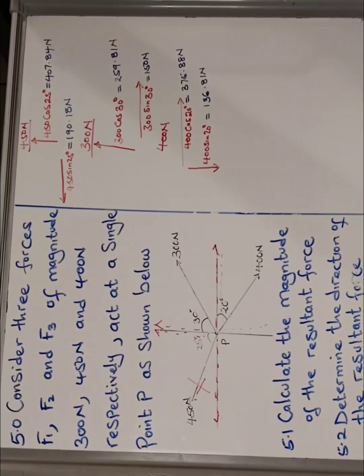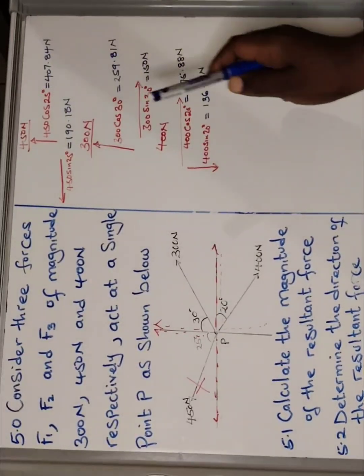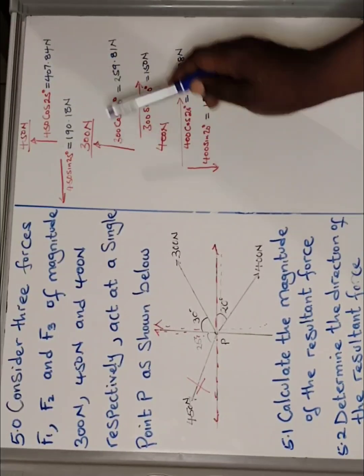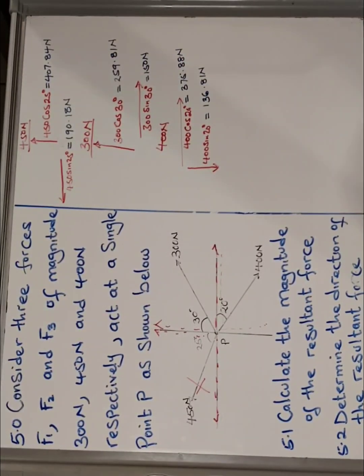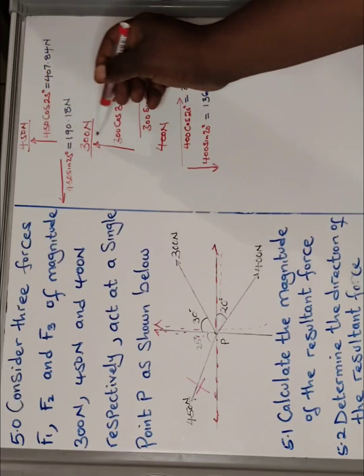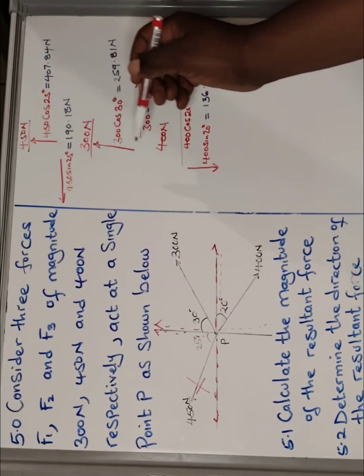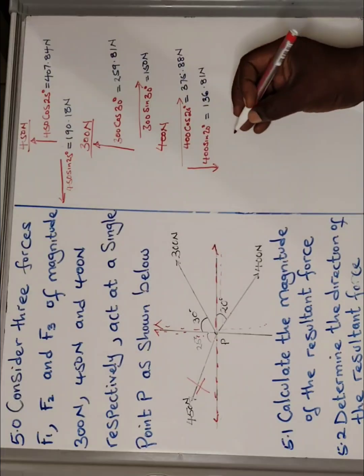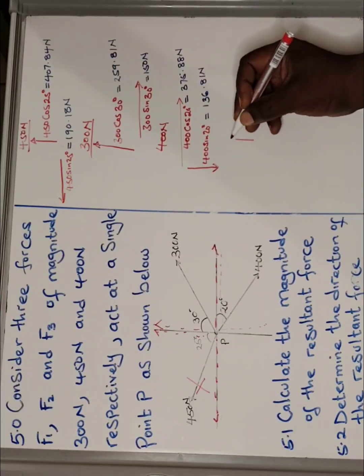So we have calculated all the values, and all the values are indicated here. What is the next step? The next step is to align them. Remember, these ones are in the y plane, so you put them like that.